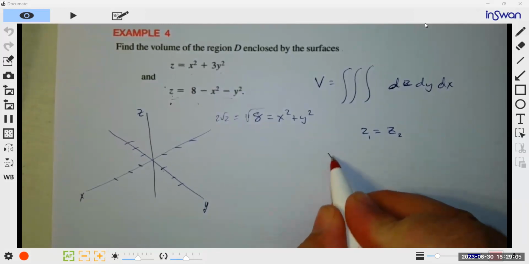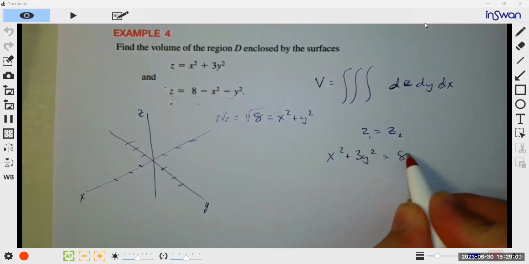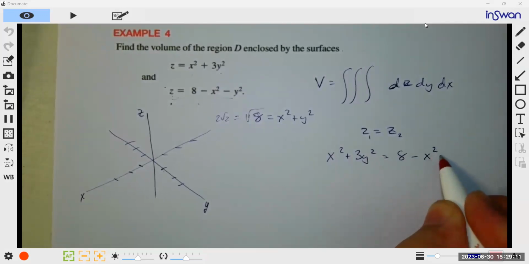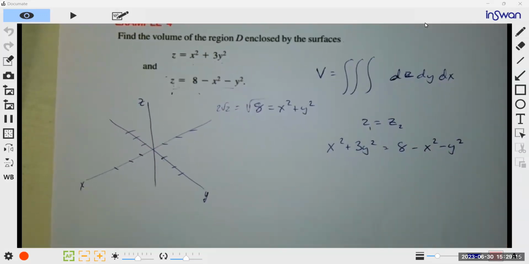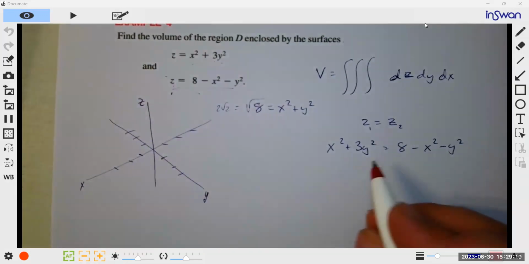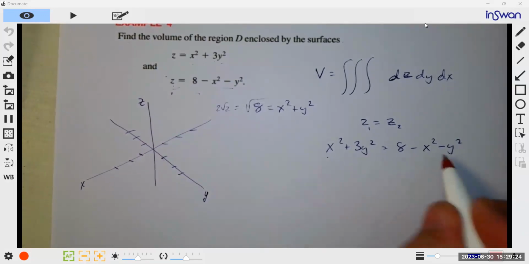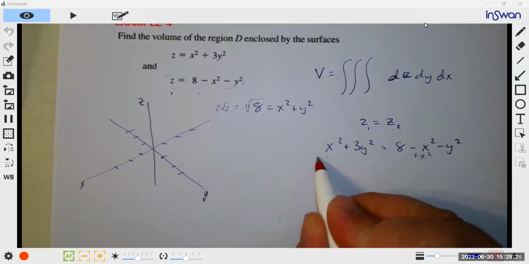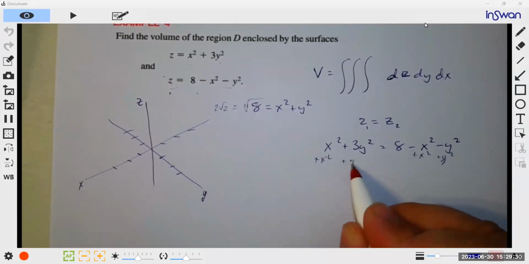Let's look at the bounds or the limitations here. So we have X squared, 3Y squared. Just going to see whether Z is above or below. Okay, so move the X over here, move the Y over here.